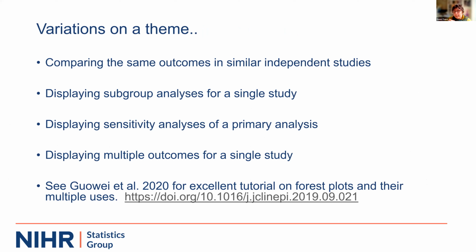So there's many other ways that a forest type plot can be very useful in communicating results. I've only shown here how to highlight subgroups within a single study today, but there's also many other ways it can be used.